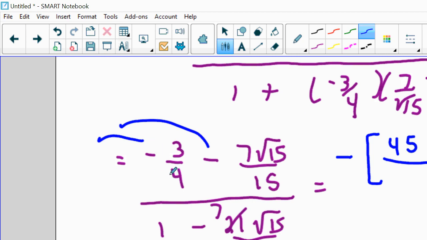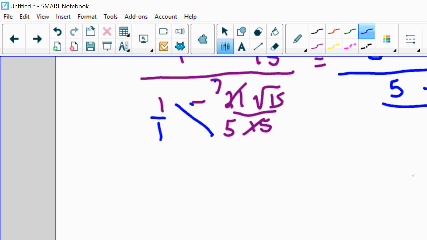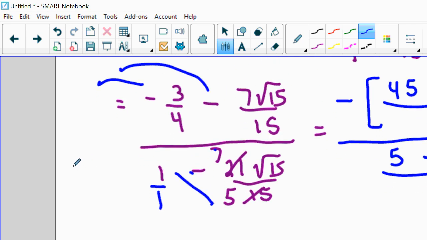I'm not going to reduce that anymore. Oh, yeah, I am. It doesn't matter. Over 1. So I can only read what I wrote. Okay, yeah. So 5 minus 7 radical 15 over 5. Then you got 45 plus 28 radical 15 over 60 times 5, or 5 minus 7 radical 15.